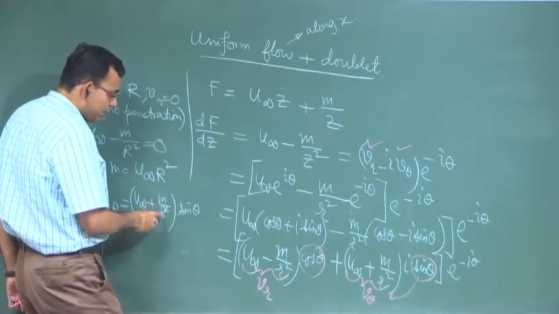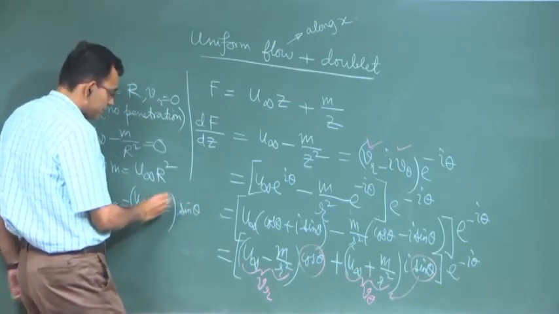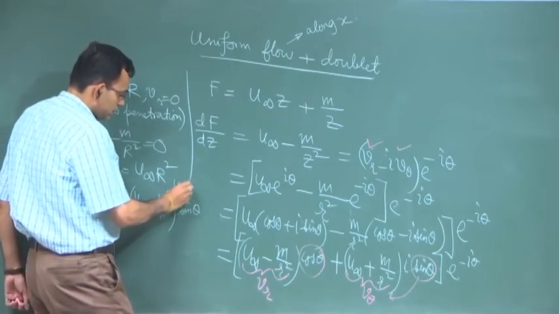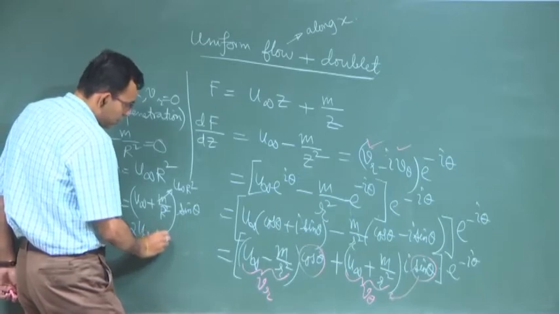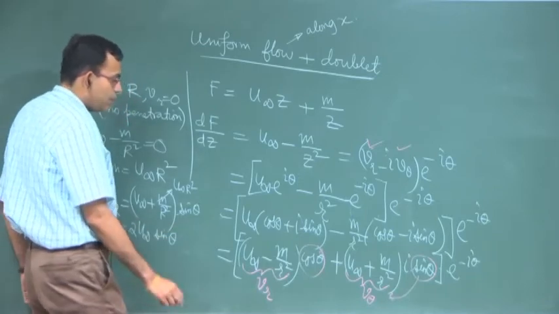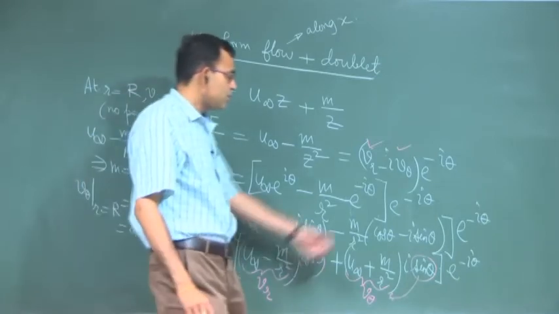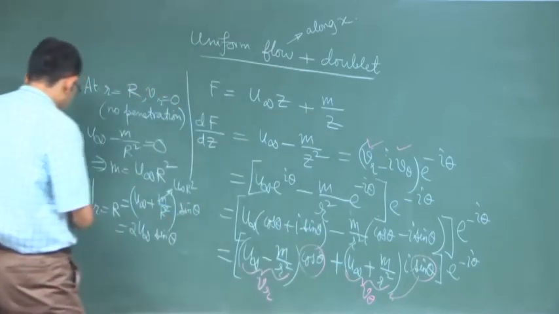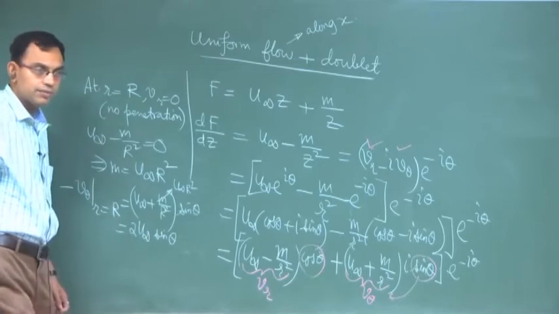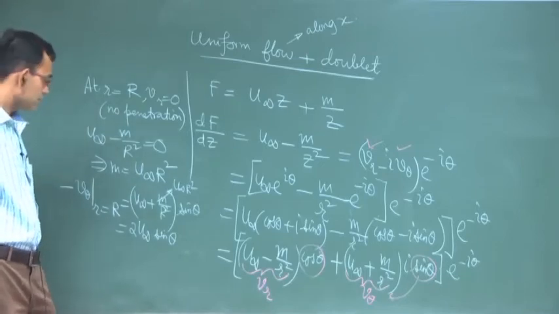M is u infinity r square, right. So, 2 u infinity sin theta with a minus sign, because actually it is minus V theta. So, minus V theta is this one.